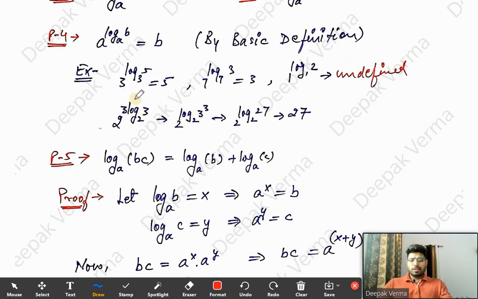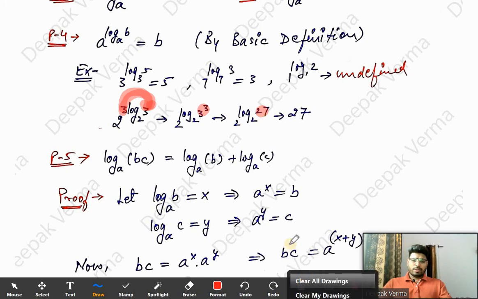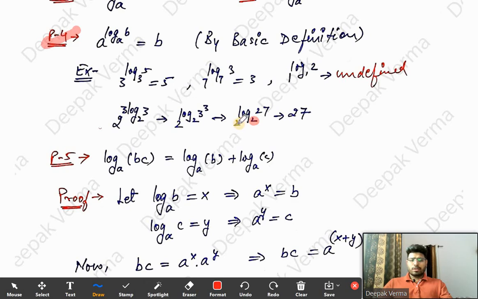It's a property we will study later, but for the time being it's okay. Now we apply property number 4. It is 2 here and 2 here, so this equals 27 by property 4. Hope it is clear.